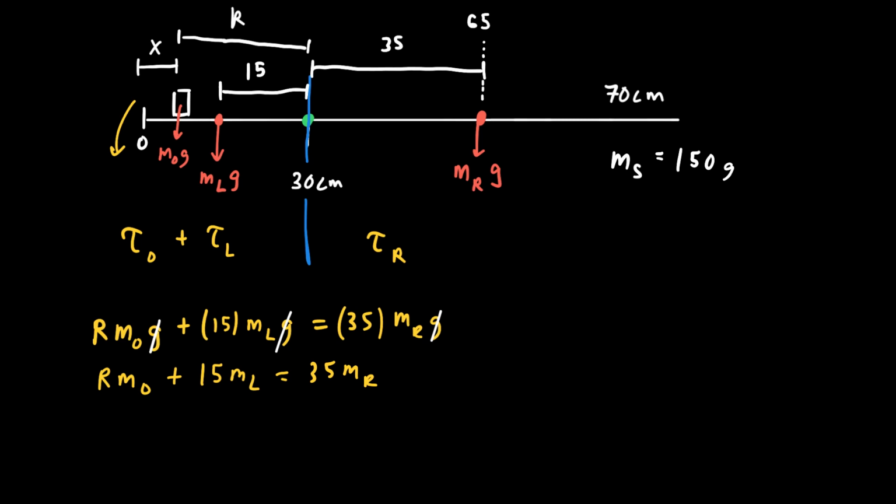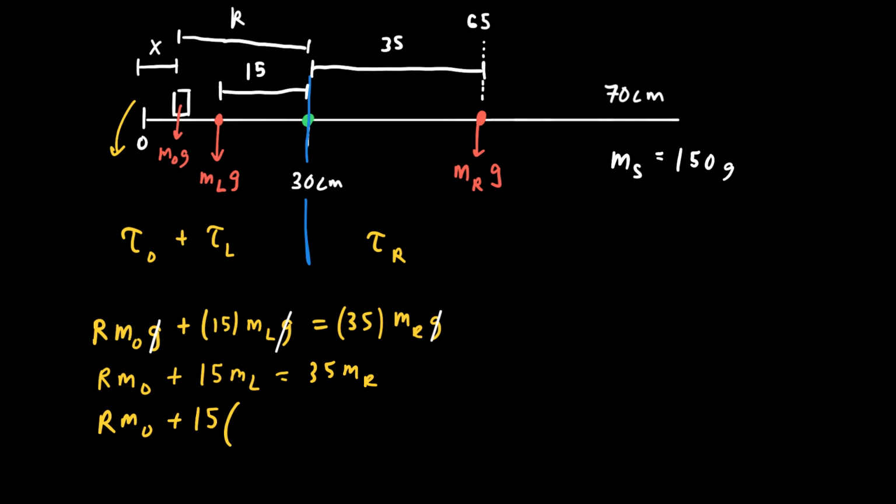How do I know how much of that weight is on the left and on the right? Well, if the left side is 30 centimeters and the right side is 70 centimeters, then I can express the length on the left or the length on the right as some percentage of the mass. So what I'm going to do is I'll write r times m of the object plus 15 times, instead of the mass of the whole meter stick, to get the mass of the left side, it's only 30 centimeters, and 30 centimeters is 3/10 of the whole meter stick.